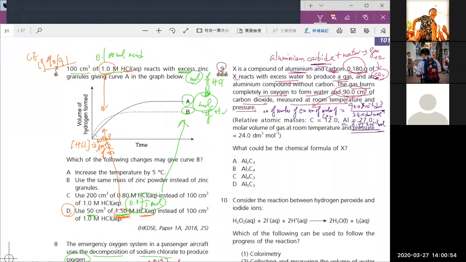So what is X actually? X contains aluminum and carbon. Can you tell me the mass of carbon in the compound X? So 3.75 times 10 to the power minus 3 times 12.0.